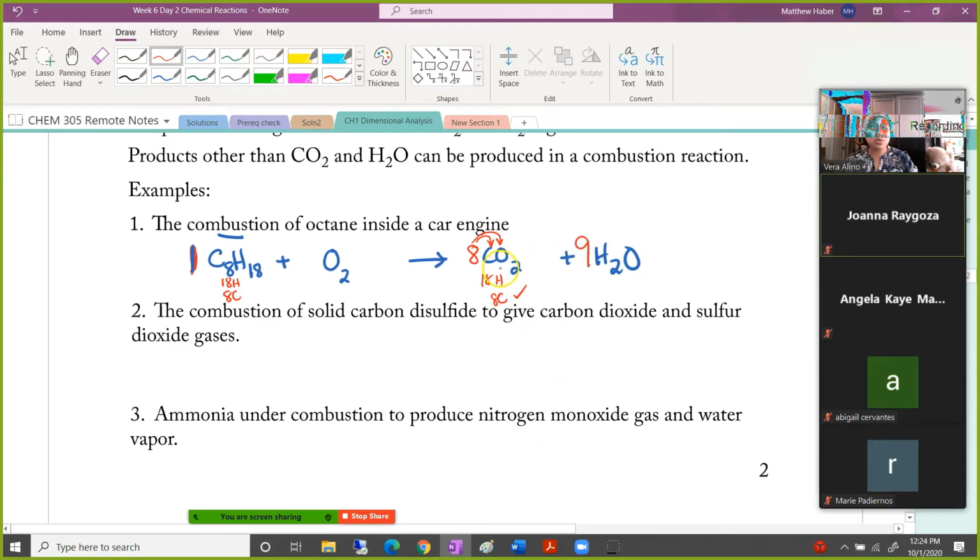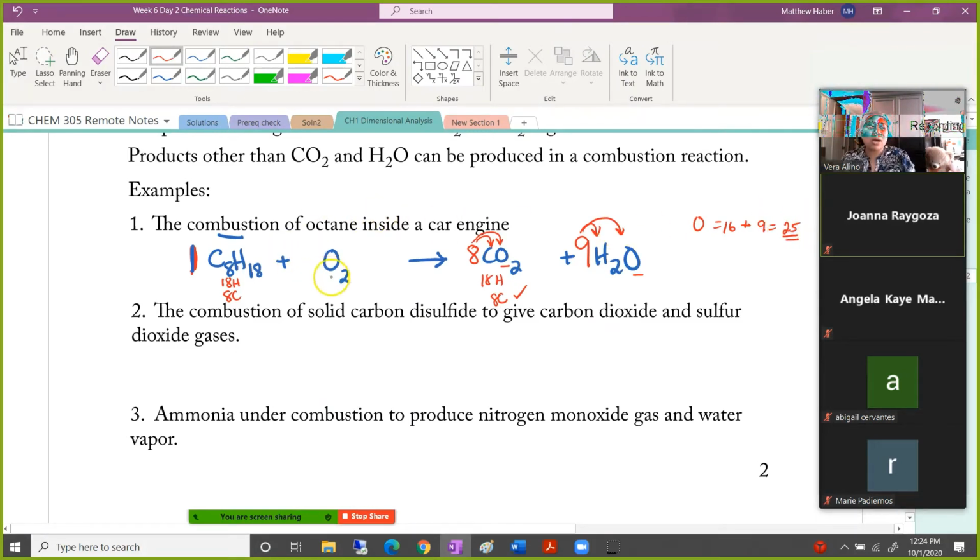Now notice that the source of oxygen in this right side of the equation is from these two molecules, okay? When looking at carbon dioxide, that's 2 times 8. There's going to be 16 oxygen atoms there. And plus the oxygen in water, that's 9 times 1. That would be 9 for a total of 25 oxygen atoms. In order to balance that out, the number of oxygen atoms on the left side of the equation must also add up to 25.